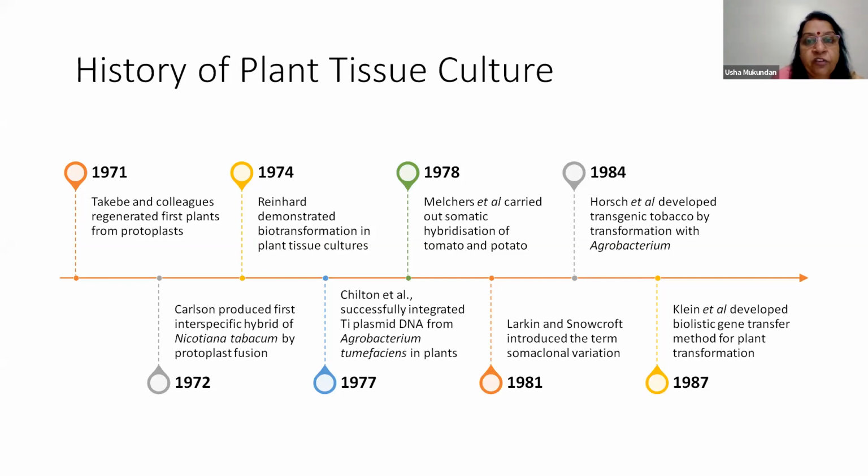But to get an interspecific hybrid would take a long time, and this can be achieved by using protoplast fusion. So you can have protoplasts of two different species, and if you provide them with a fusogen, which you will be studying a little later, then the protoplasts will fuse and you will get an interspecific hybrid.